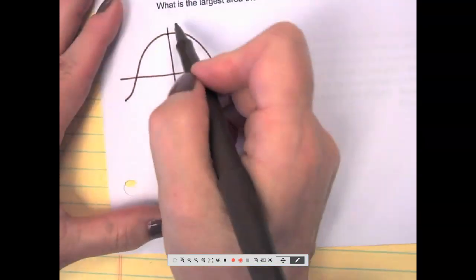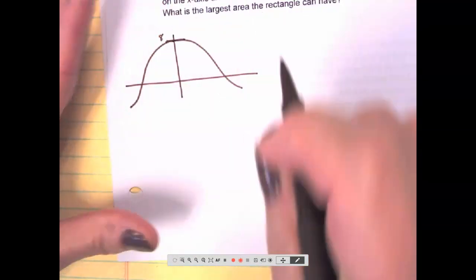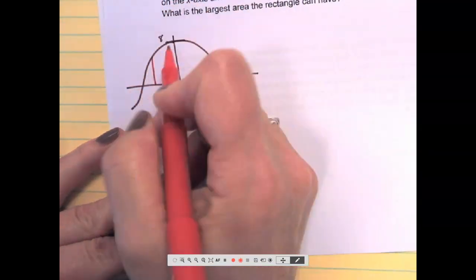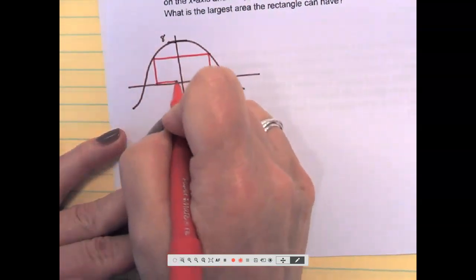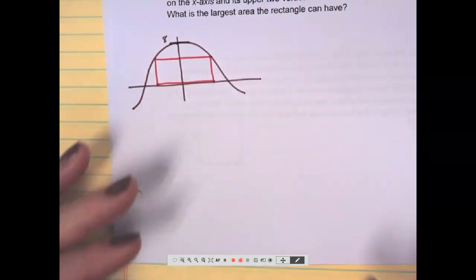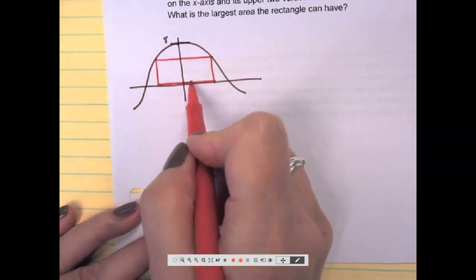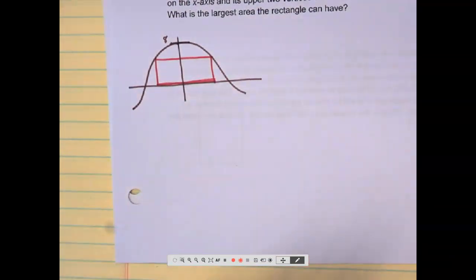Okay, here's my cosine. Where's cosine at up here at the top? 8. So I know the rectangle is going to be shorter than 8. Okay, and it's symmetric, so I have equal amounts to the left and to the right of the y-axis.